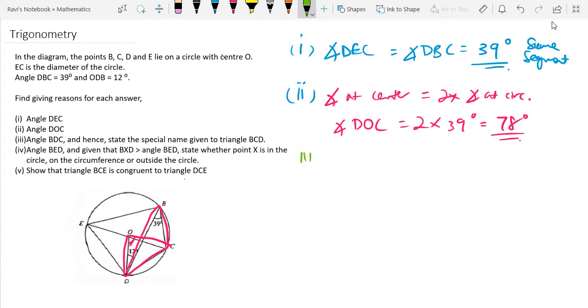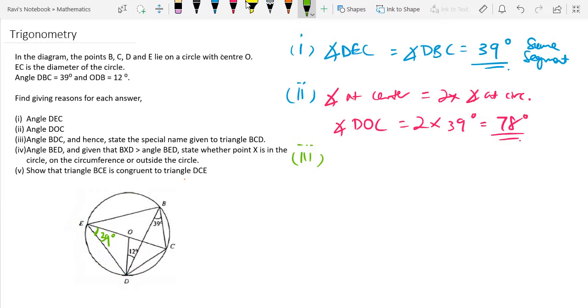So let's go on to part 3 over here. In part 3, what are we supposed to find? BDC, and hence the special name given to triangle BCD. So we're supposed to find BDC. We know that this angle here is 39 degrees.